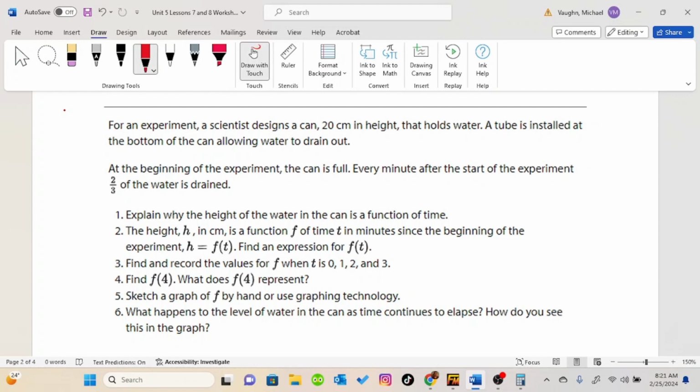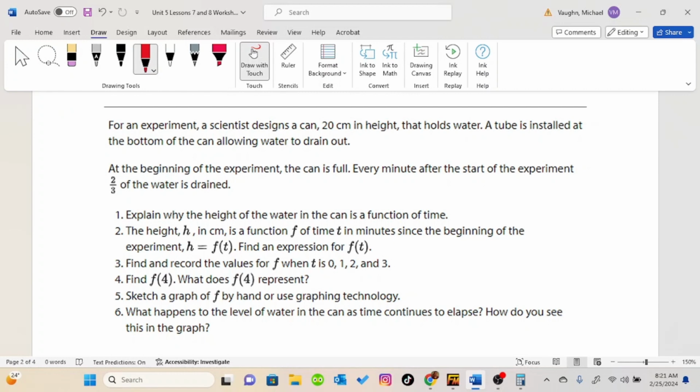This is true because at any given time, there can only be one height of the water. We could not say 2 minutes after it started draining, it was both 15 centimeters and 10 centimeters.